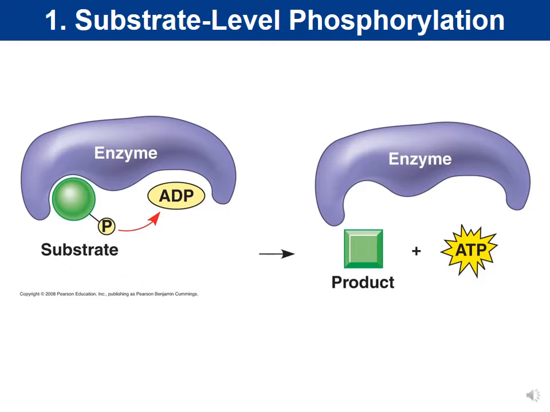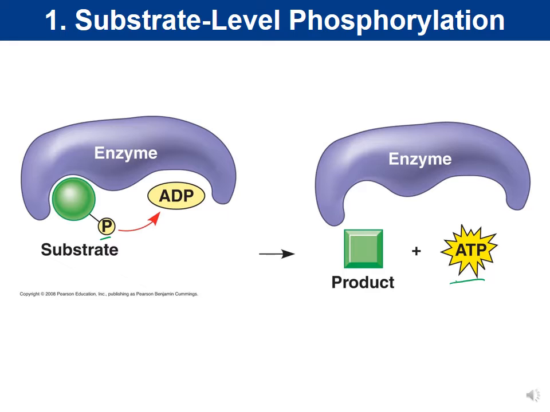So the first is going to be our substrate level phosphorylation. And just like we wrote on the last slide, all this simply is the catalyst of moving the phosphate from the substrate. So notice here's my substrate, and it has a phosphate group. This specific enzyme is going to bind to the substrate and also bind to ADP. And it's simply going to transfer the phosphate from the substrate onto ADP, and what we get out is ATP.